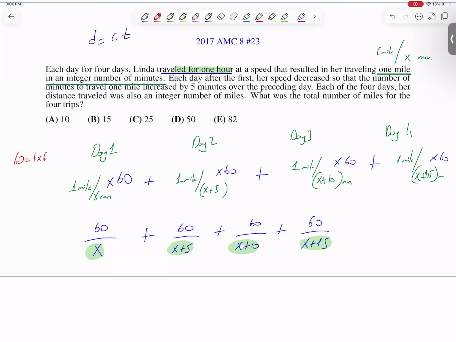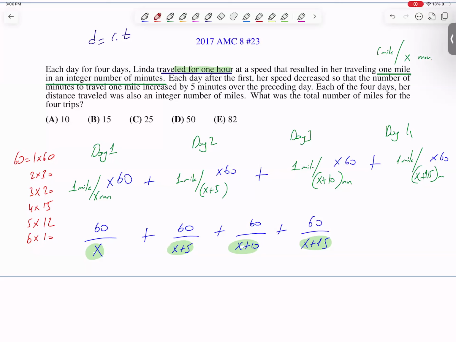60 is equal to 1 times 60, 2 times 30, 3 times 20, 4 times 15, 5 times 12, 6 times 10. These are the divisors of 60. We can try values for x, and we have to get integers.